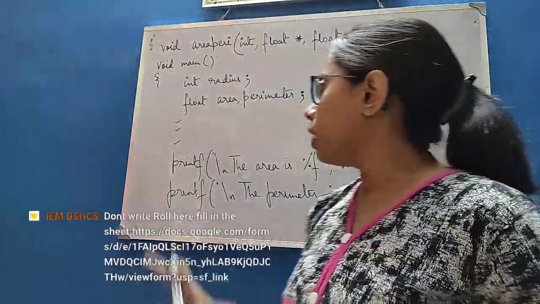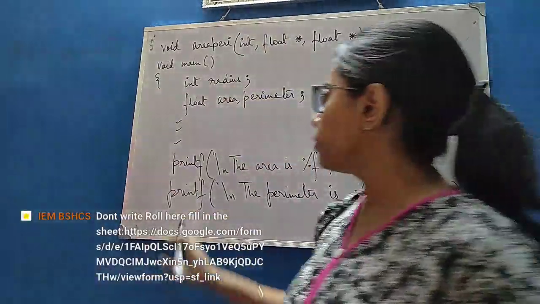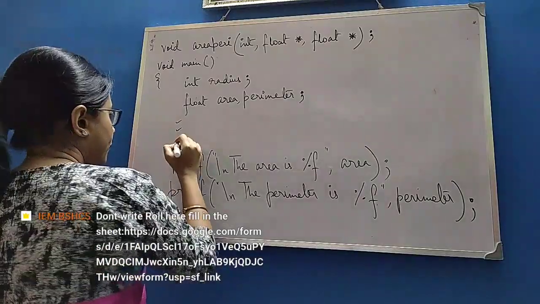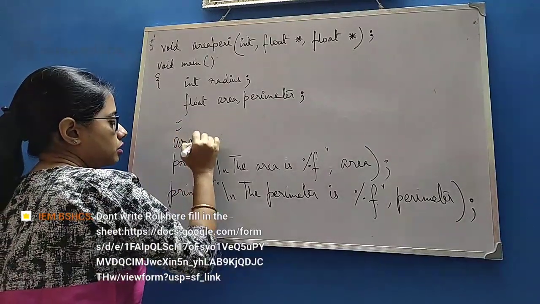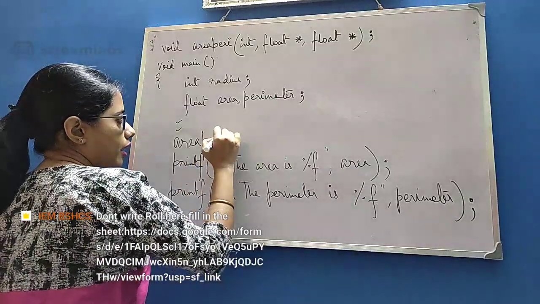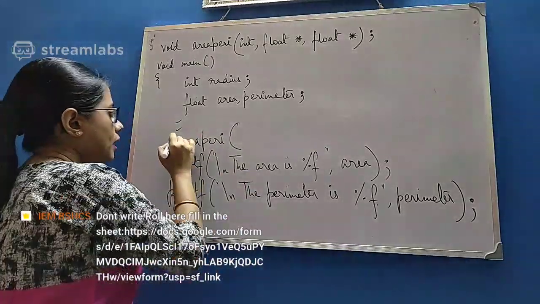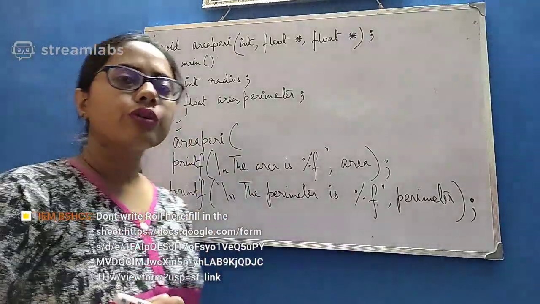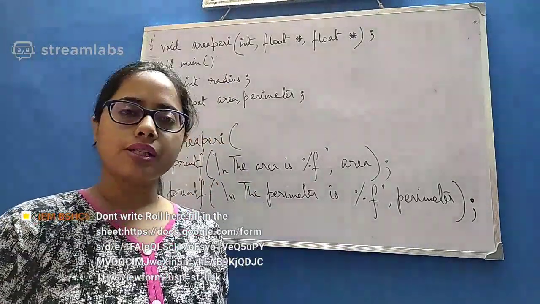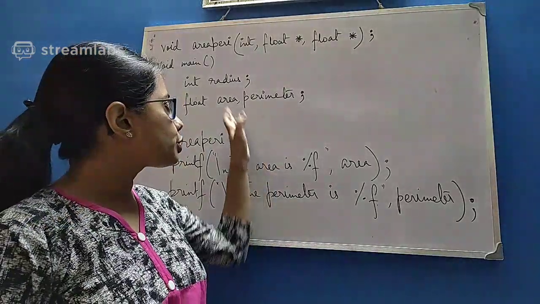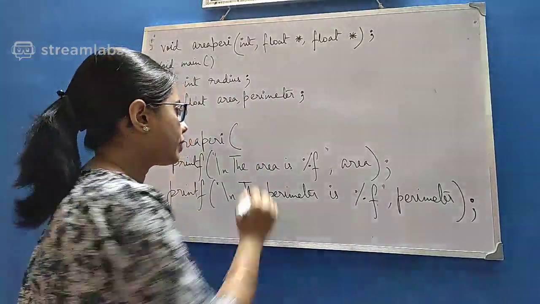Now we come to our function call. Okay, so we will call our function area peri over here, and we would pass the arguments. So what do you think will be the arguments that we will pass here? Obviously, the first one should be the value of the radius that must be provided.